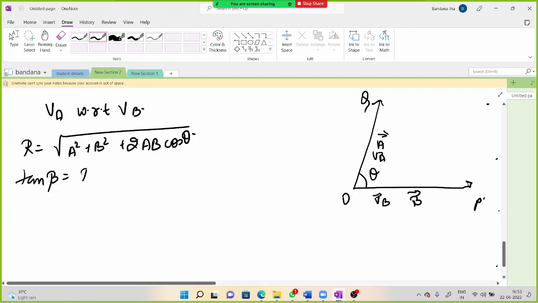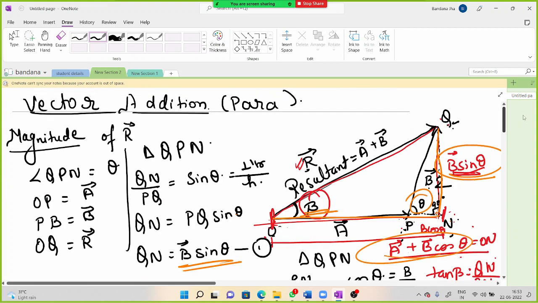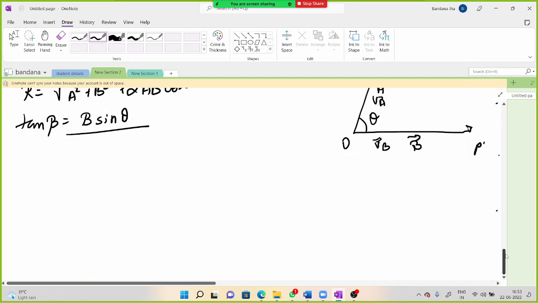PQ, that is, B sin theta divided by the base. What base have we taken? A plus B cos theta. This we have already studied.